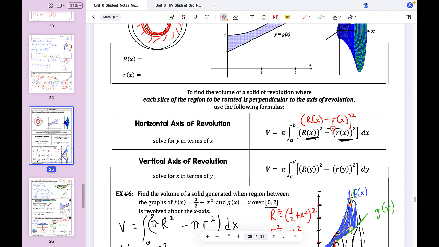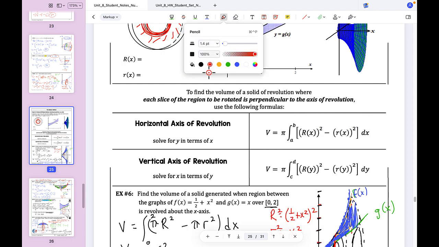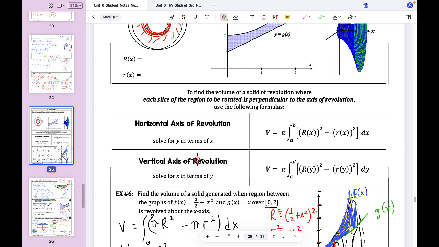So that's incorrect. You square each of them separately. It's big R squared minus little r squared. So we're taking the volume of the big one and we're subtracting the volume of the little one, okay? And then, of course, if it's revolving around the y-axis, everything has to be in terms of y, which means you solve for x.